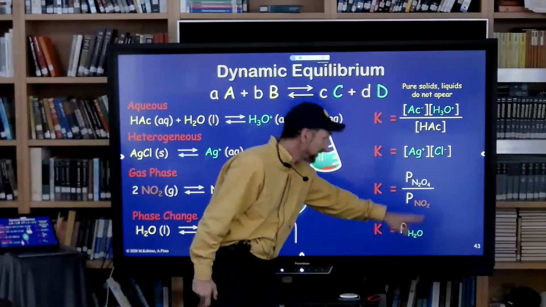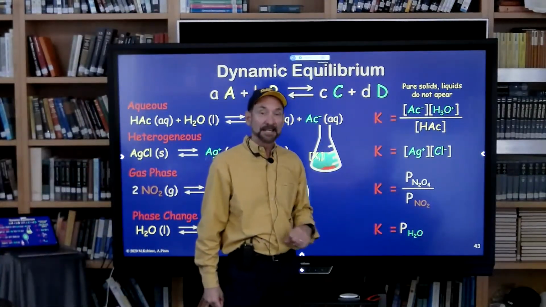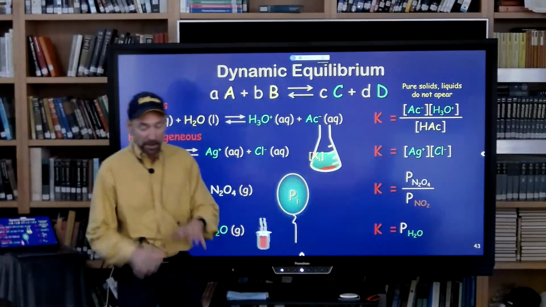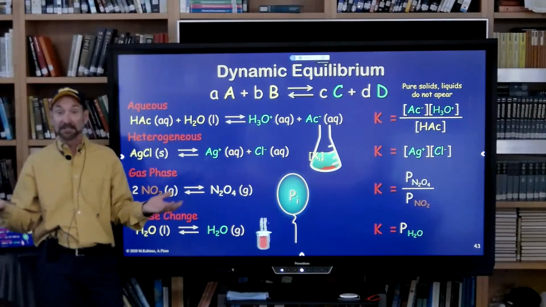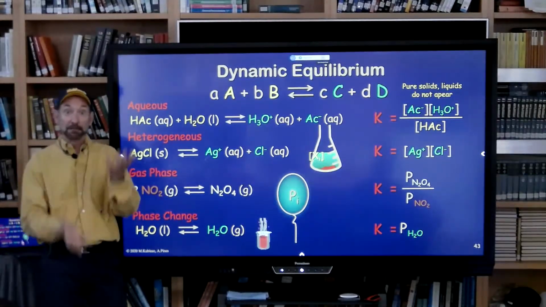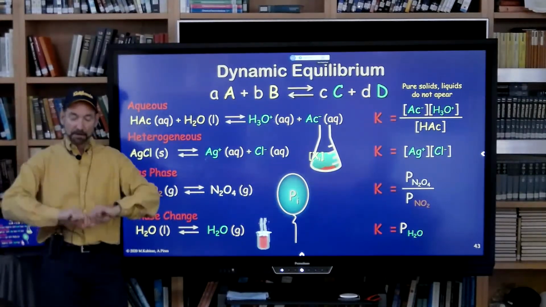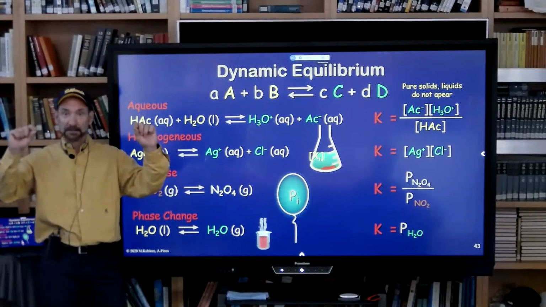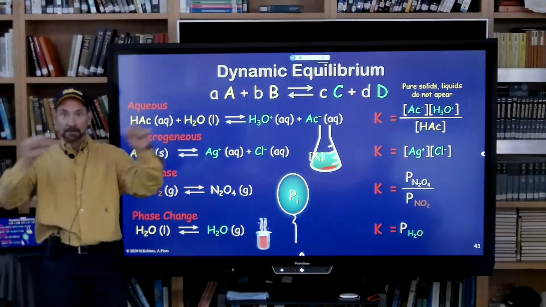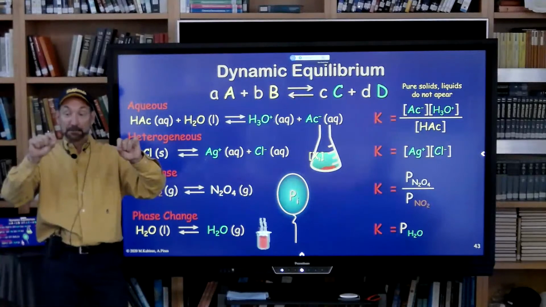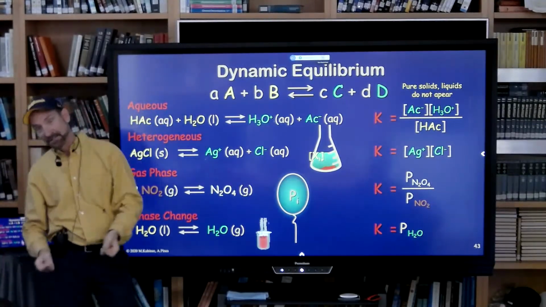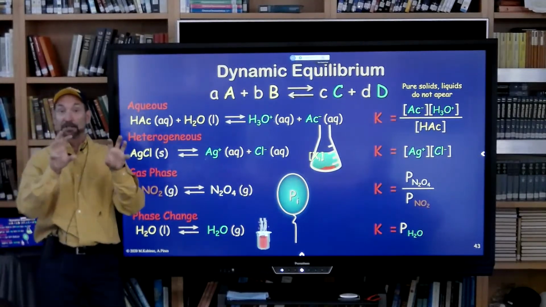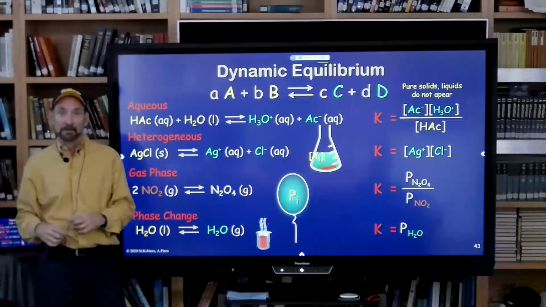The partial pressure of gaseous water over any body of liquid water is a constant. It comes to equilibrium. When water molecules evaporate, you have gaseous water molecules, but in equilibrium, for every evaporation step, there's a condensation step. So the amount of water gas molecules stays the same.